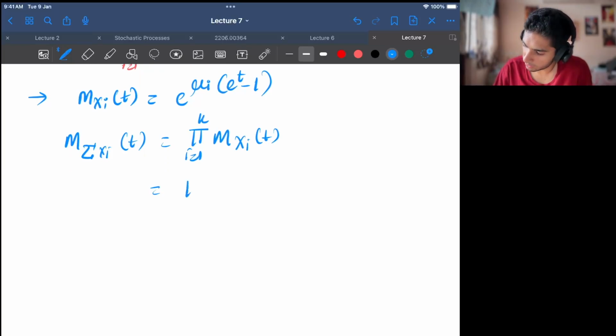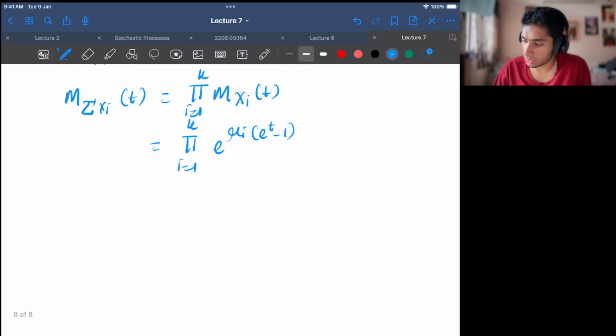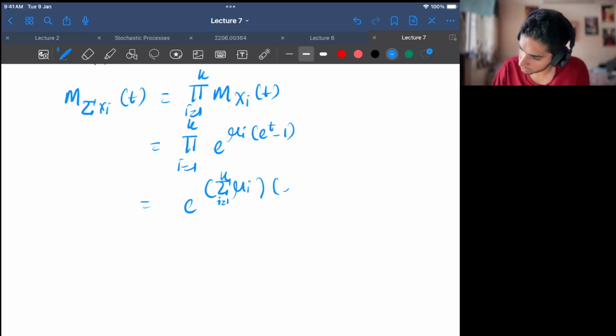This becomes the product of e raised to mu i (e raised to t minus 1), i going from 1 to k, right? Everything is the same, just the exponent is changing, so that will become e raised to summation mu i, i going from 1 to k, times (e raised to t minus 1).